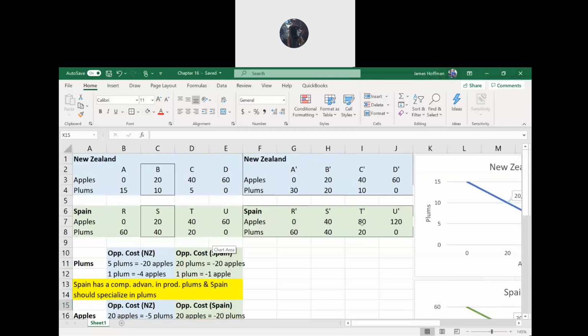And then the apples go from 0 to 120 in increments of 40.